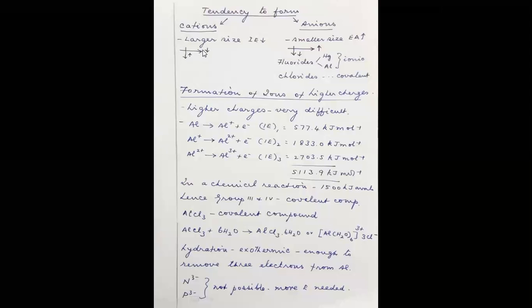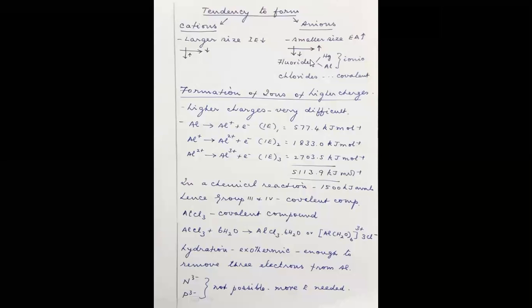When the size decreases, ionization energy increases because the distance between the nucleus and the outermost electron decreases. So when you move from left to right, the tendency to form cations goes on decreasing. And also when you move down the group, the tendency to form the cation is increasing.